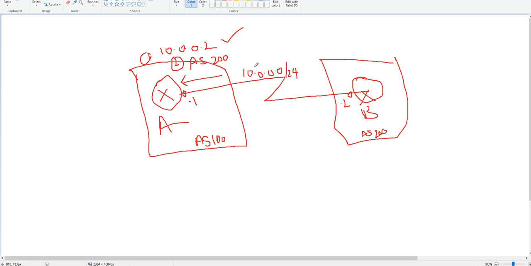Here the neighbors are defined manually, not dynamically. It will not form dynamically like OSPF, EIGRP or ISIS.